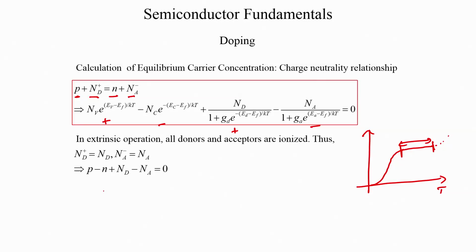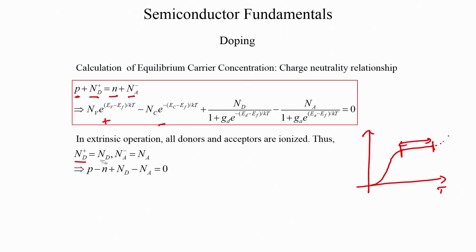In this case your Nd plus is equal to Nd because this term has become 1. The temperature is so large that this term is negligible and it is mostly 1, and here too the temperature is so large that this term is negligible and it is mostly 1.